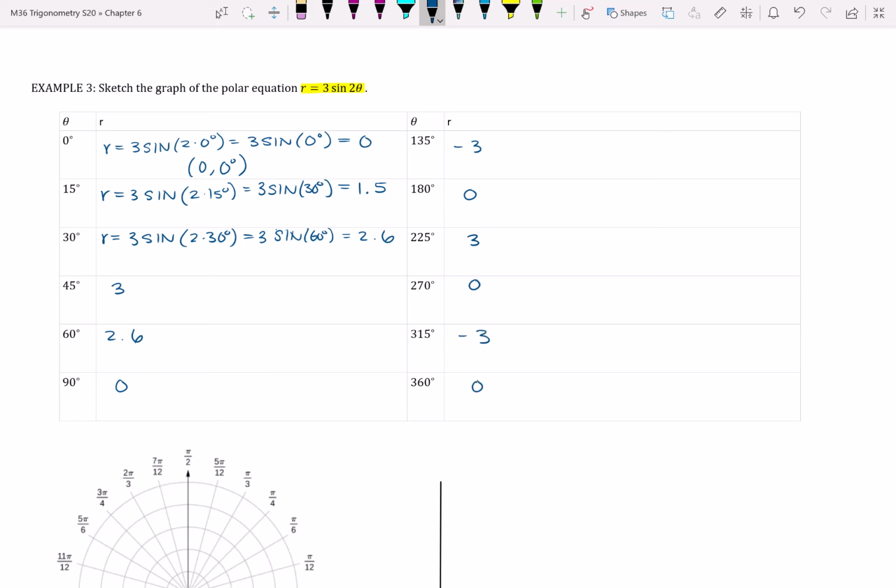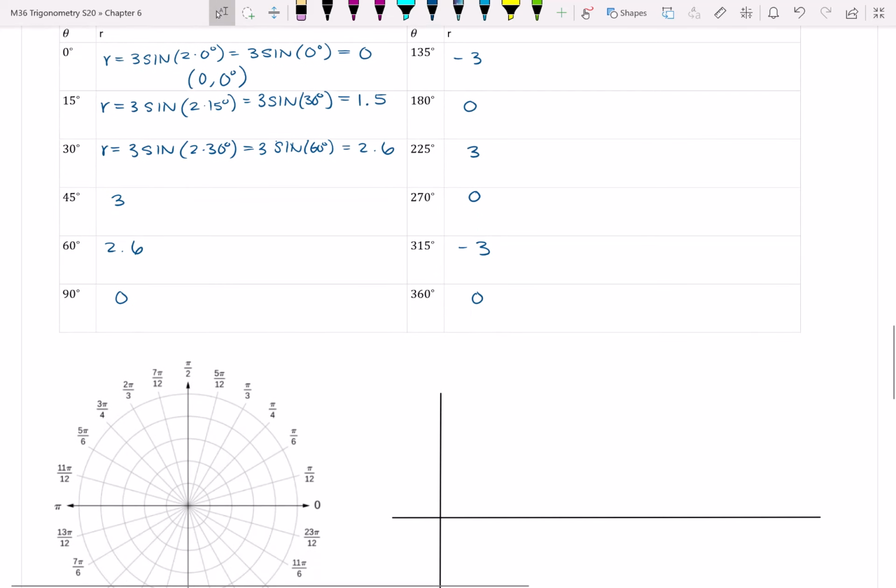If you do the same steps here, you'll get these values. What I want to do first is plot them in r and theta. This is going to be my theta, and this is going to be my r. First I want to plot it in this weird looking graph, which is r and theta.